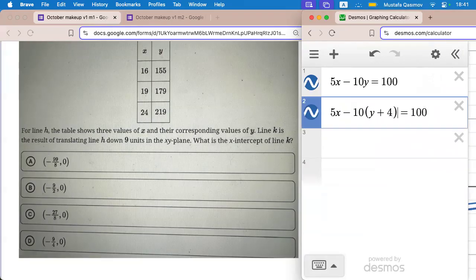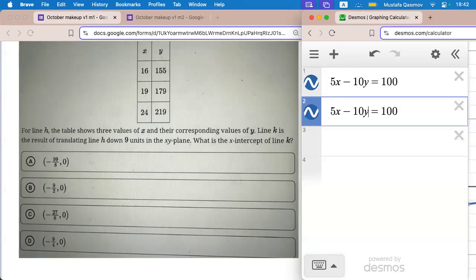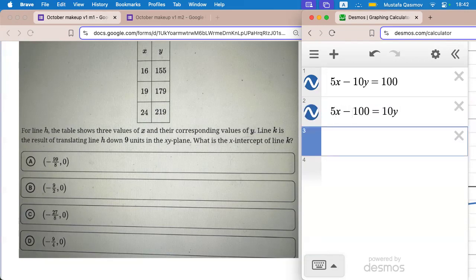So that's why some students write it like that. It is not correct. You have to first write it like this: 10y is equal to 5x minus 100. Y is equal to 0.5x minus 10, right? Then you have to make it 9 down.